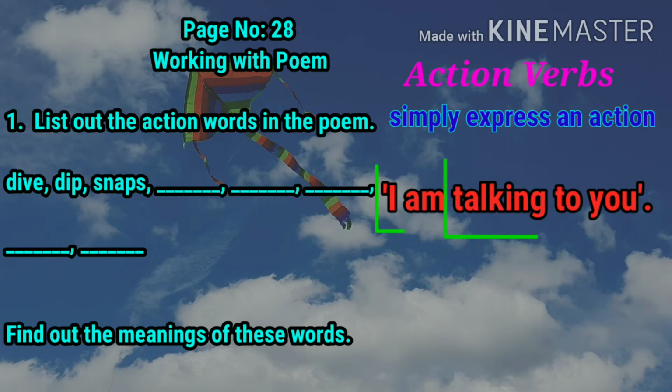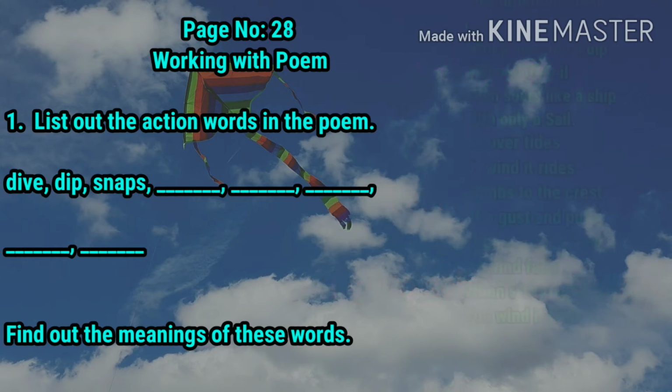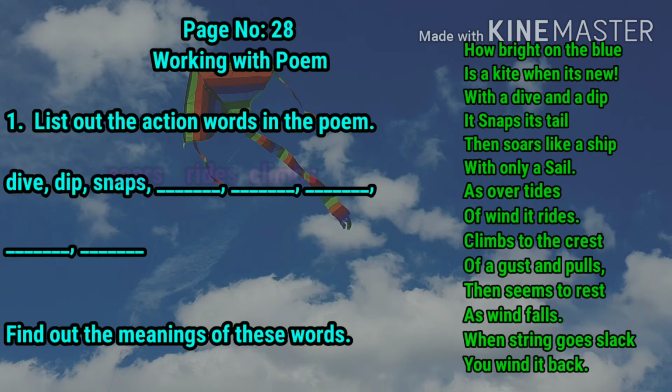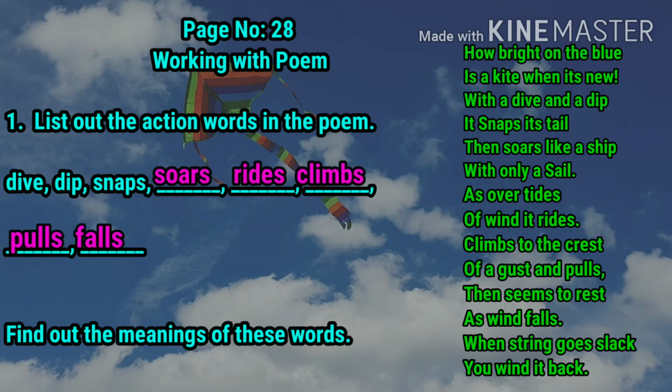In the same way, another example can be I go to school every day. Here also go is an action word or action verb. So now let's look at some more action words from the poem. Words like soars, rides, climbs, pulls, falls, all these are action words or action verbs.